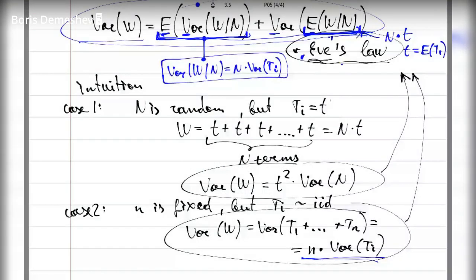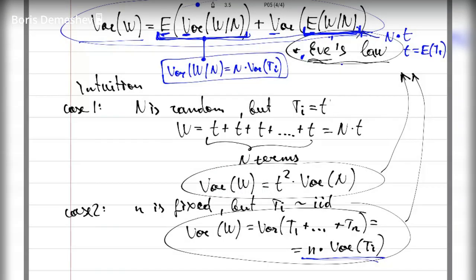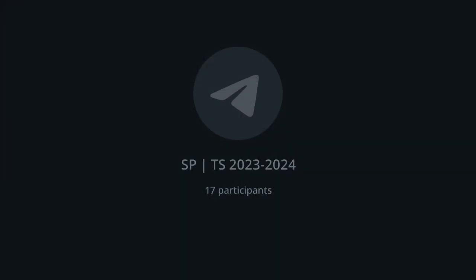And hence the second part is just t squared times the variance of n. And so basically Eve's law just sums up these two extreme cases: when n is random but ti is fixed, or when n is fixed but ti is random, and it sums up these two effects.